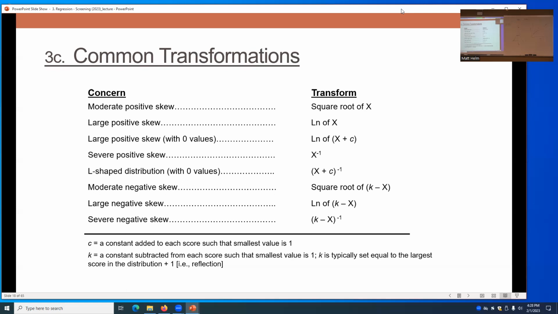But if I've got 0 values in my data set, I can just add 1 to all the values, which increases everything by a value of 1, and then I can take the natural log of that and won't have any problems. Okay. If I've got a severe positive skew, I can take the inverse of X. This is just 1 divided by X. That'll fix a very severe skew. Okay.